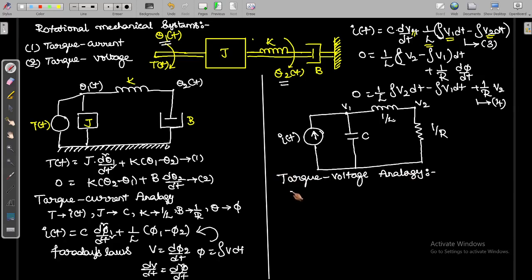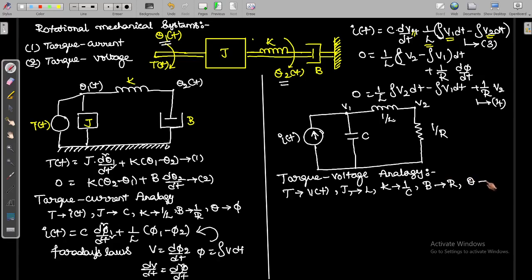T of t can be written as v of t, then J can be written as inductor, next K can be replaced with 1 by capacitance, next B can be replaced with R, next the angular displacement theta can be replaced with the charge.